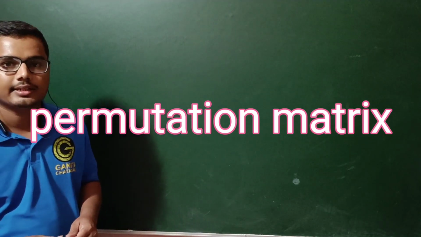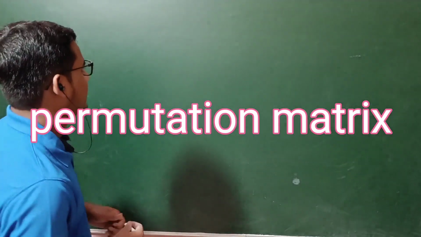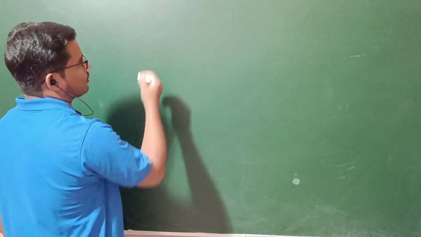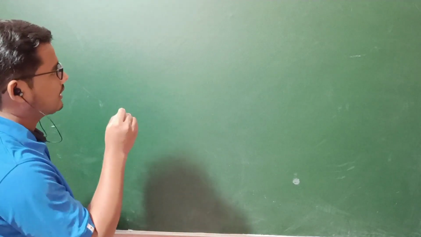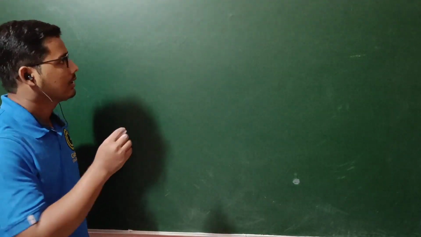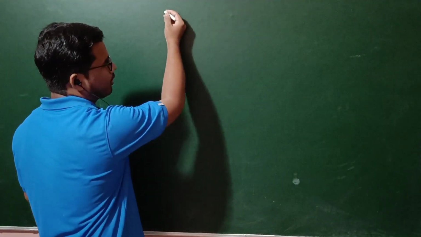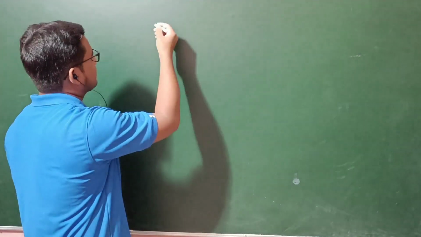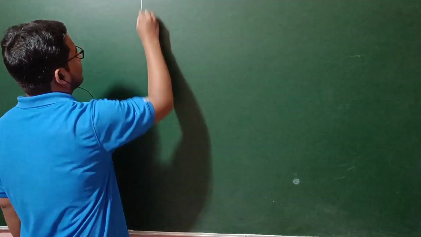Then permutation matrix. What is a permutation matrix? A permutation matrix is a matrix whose each row and each column contains only one 1.